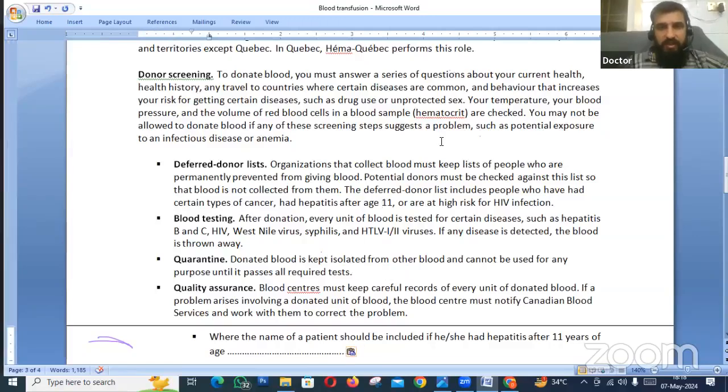Okay, so your keywords are matching here: 11 years of age and hepatitis, okay? After finding your keywords, what do you need to do?